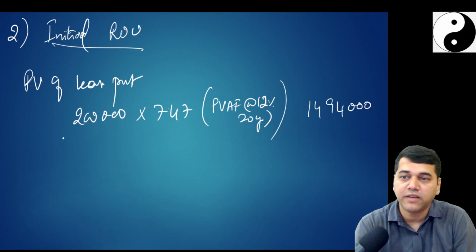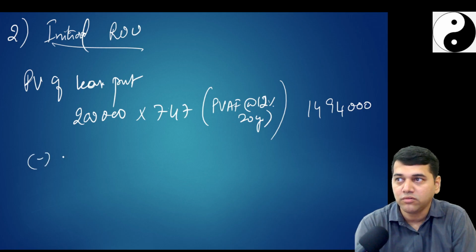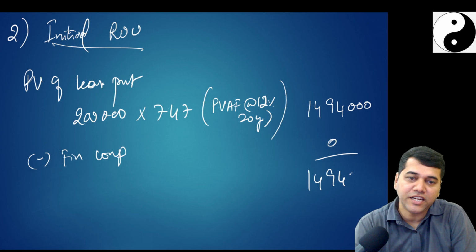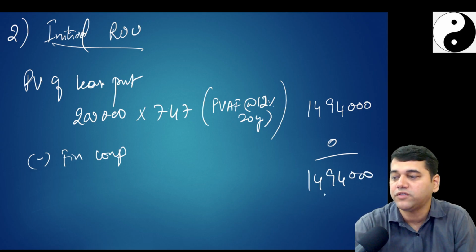In this present value, when you are paying 2 lakh, is there any financing component right now? No. 0. So 14,94,000 is your present value of the lease rent.